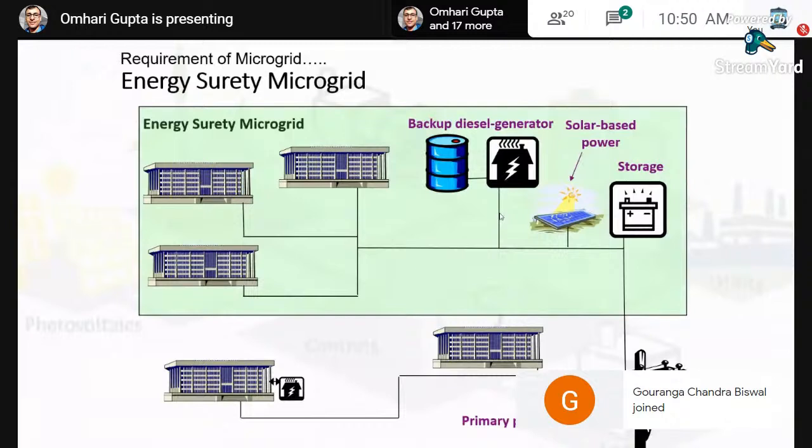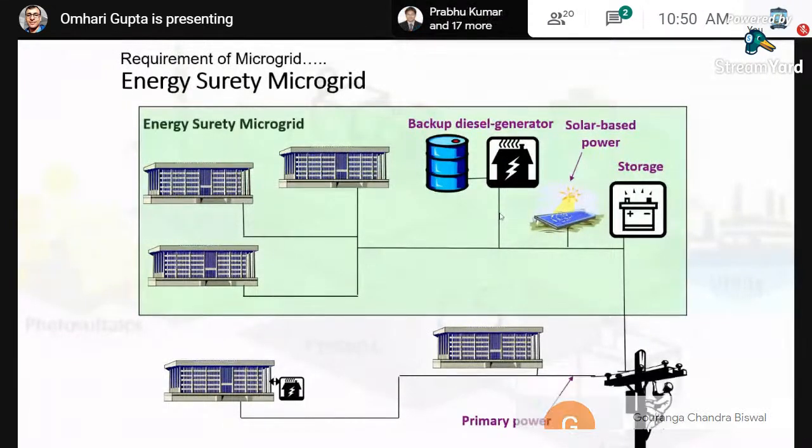Now, the traditional approach is gone. Nowadays, you may have renewable based generations along with the traditional backup system. In this diagram, you can see there is one diesel generator system that was the conventional one. Along with that, what we have installed is solar based power as well as a storage system, which is usually a battery energy storage system. Okay.